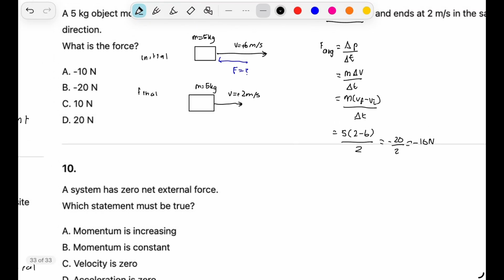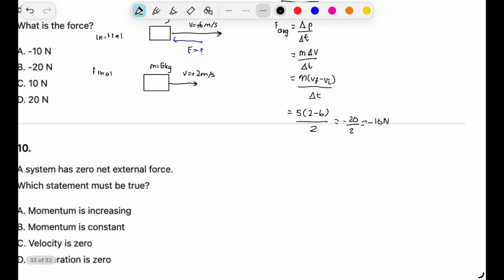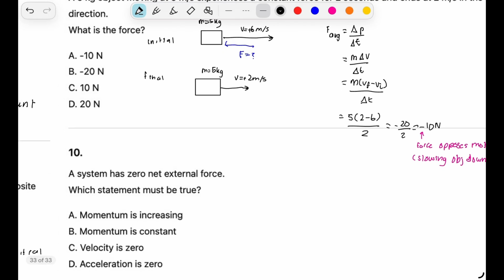So that force is negative 10 newtons. The reason why it's negative is it's going to be a force that is opposing motion. So it's going to be slowing the object down. That's why you have the negative sign. So the answer is A.